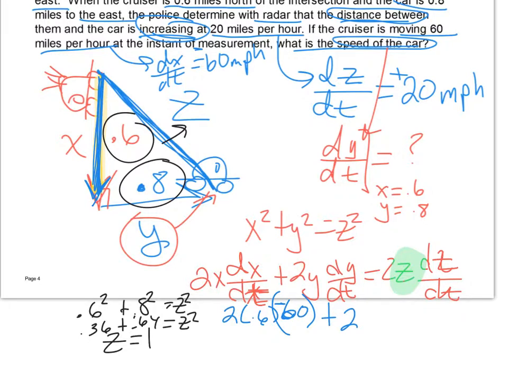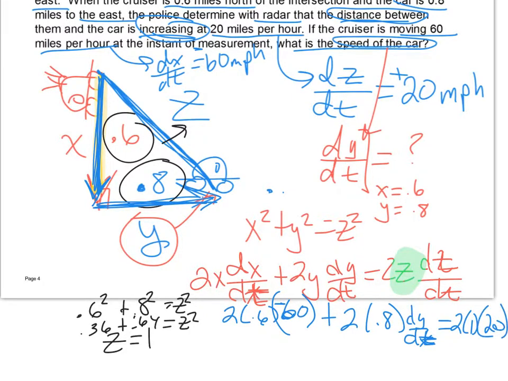Now let's think about the same thing with y. Is this distance increasing or decreasing? As this car comes over here, isn't y getting bigger? So that is an increasing rate of change, so that one's positive. That's the value we're looking for, so we're hoping for a positive answer when we do our work. And we have 2 times 1 times dz/dt, which is positive 20.